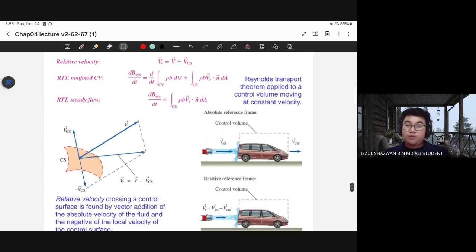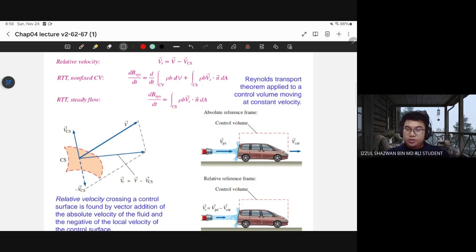The relative velocity in this type of situation is V relative equal to V minus V of the control volume. This is the equation if the Reynolds transport theorem is for a non-fixed control volume, and this is the equation if the Reynolds transport theorem is for steady flow.